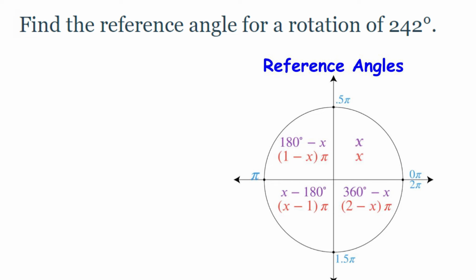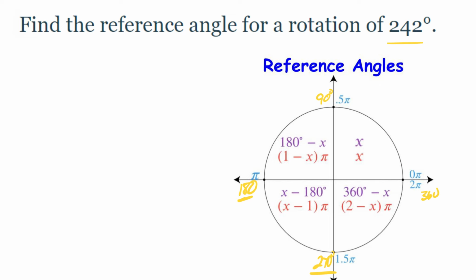Now we are looking at a reference angle for 240 degrees. Again, this is our 90, 180. We're bigger than that, and then our next angle is 270 degrees. So 242 degrees falls between 180 and 270. So we are in the third quadrant, excuse me. We are in the 3rd quadrant.